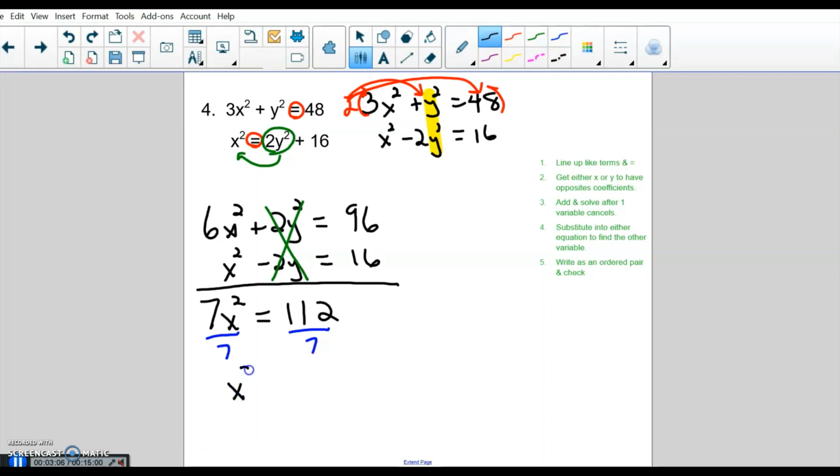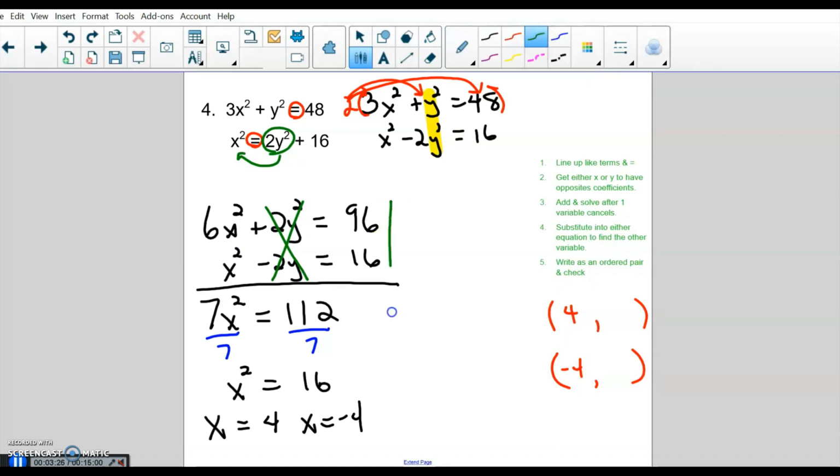So x squared equals 16, and x will be 4, and it'll be negative 4. So those are two x values, 4 and negative 4.